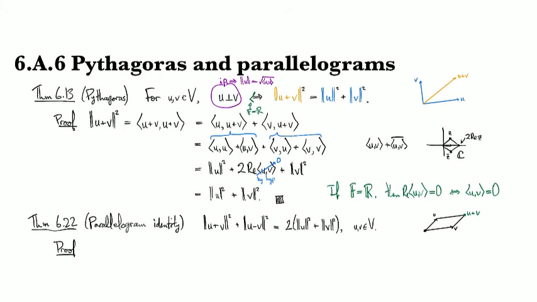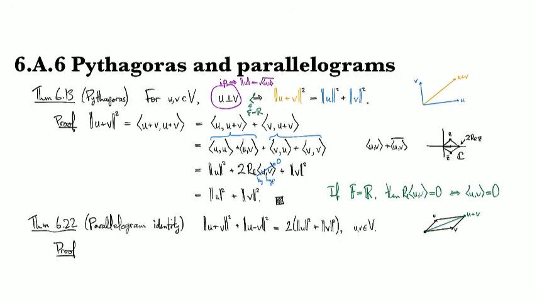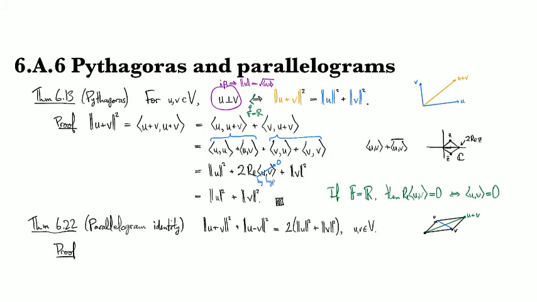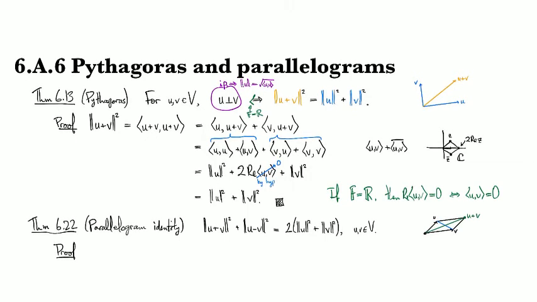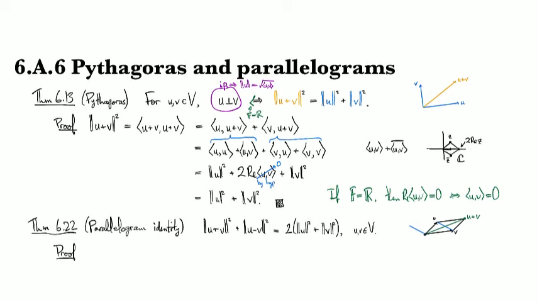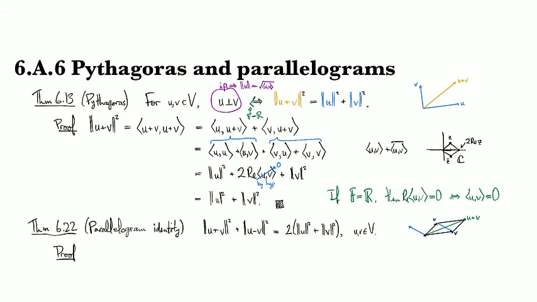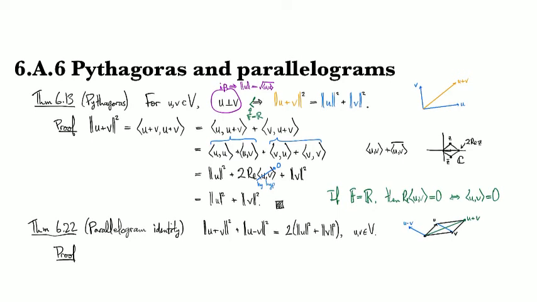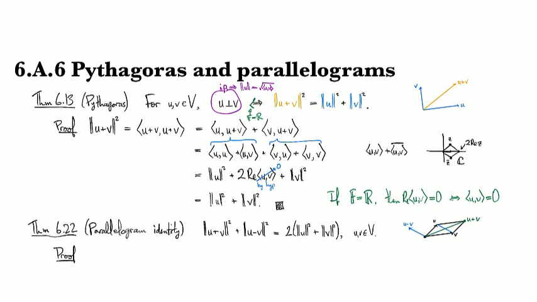So then we're looking at the length of this one here, and then if we look at the difference across here, this diagonal right here has the same length as u minus v.